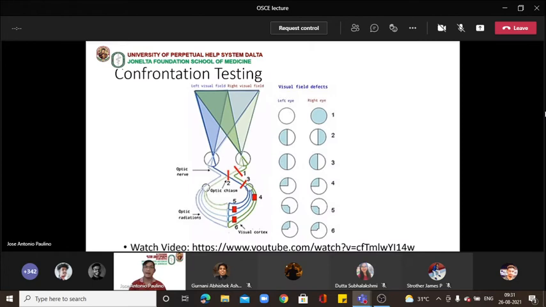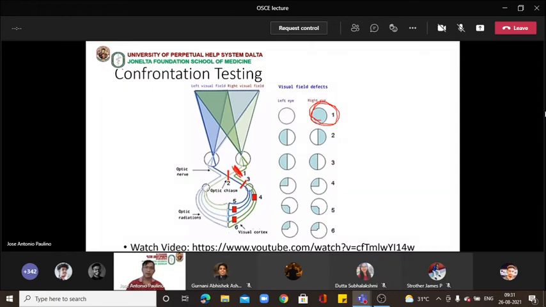So, in case our patient has a lesion or a problem here on the number 1, which is the optic nerve, it will manifest as poor vision or visual field cut of the entire right eye.